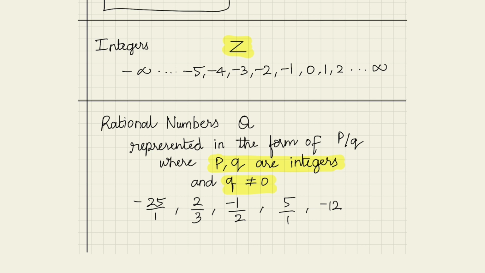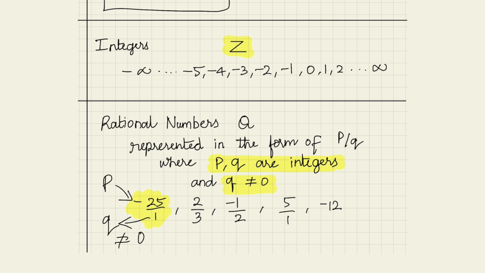Now minus 25 divided by 1 is obviously minus 25, and that is in the form of p divided by q, where 25 here is the p and the 1 here is the q, and q obviously is not equal to 0. So this is of the form p by q, where q is not equal to 0, and hence minus 25 is a rational number. Now I hope you are clear with that.